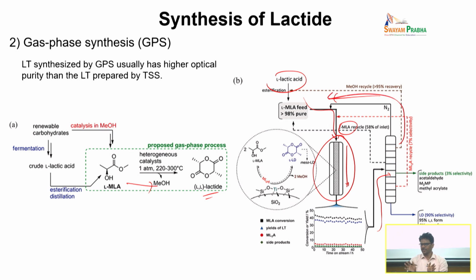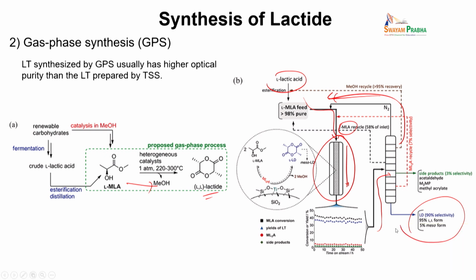This entire operation is done in a gas phase, so that's why it's called gas phase. Here you can see that the lactide selectivity can be 90%. That means this catalyst is so specific, it will only form dimer and not other kinds of trimer or tetramer. So it's very highly selective.